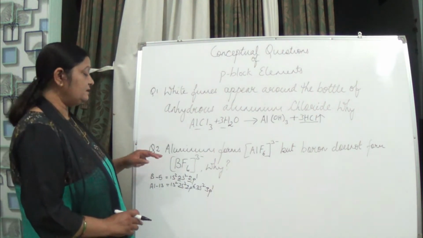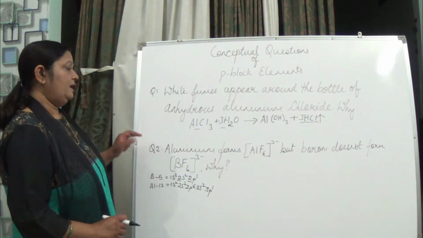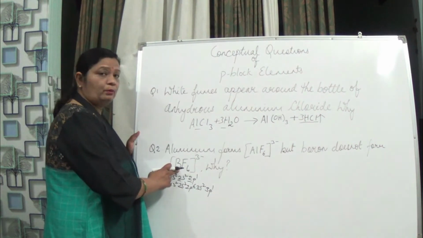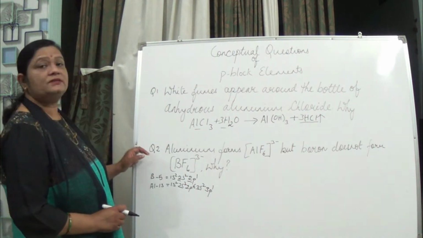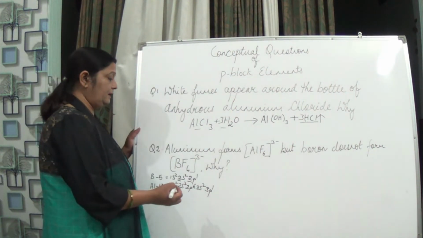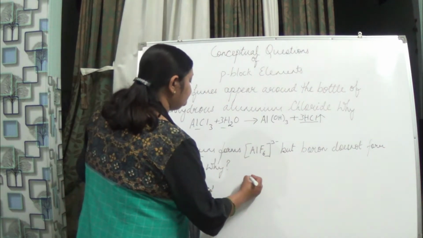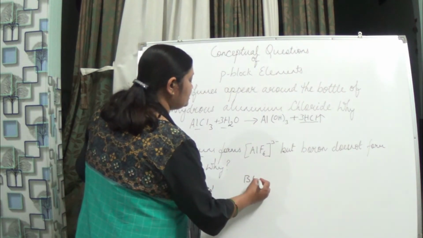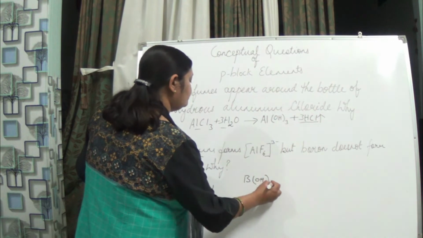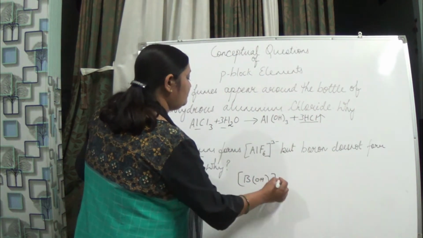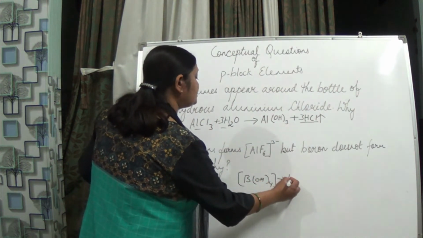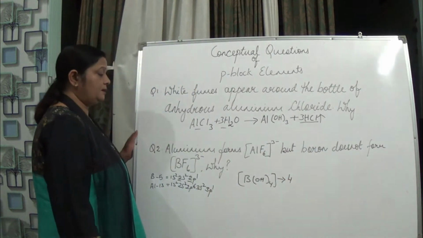So the maximum, here we can see that boron can have a covalence of 4, like we see in boron hydroxide.